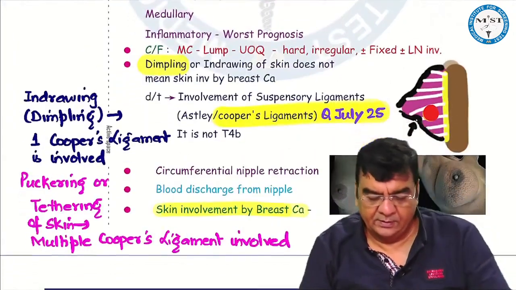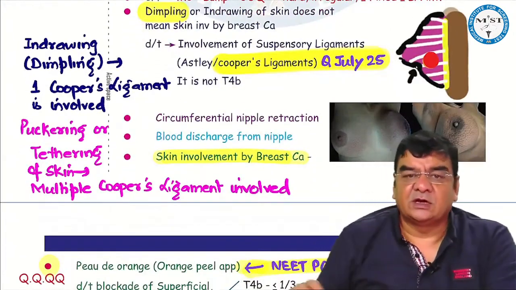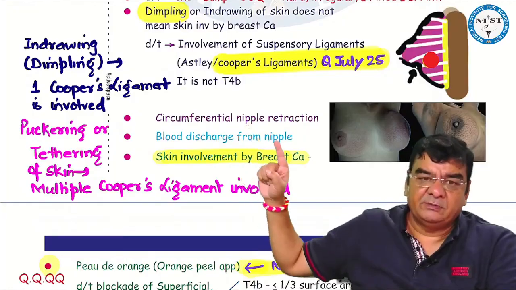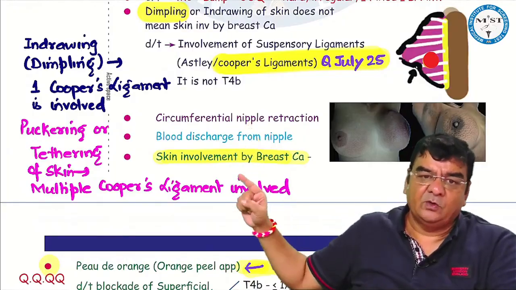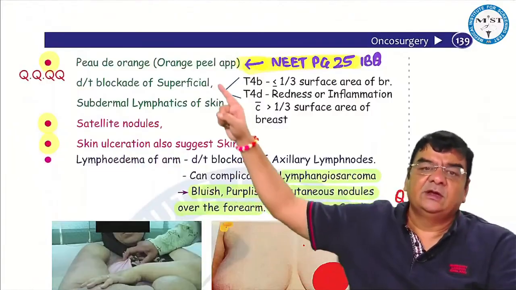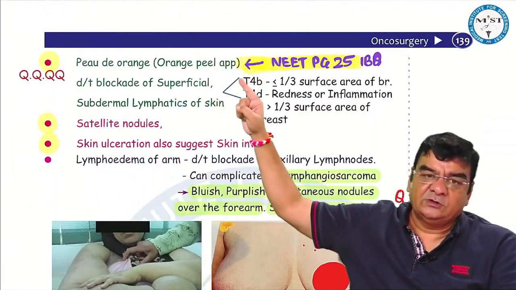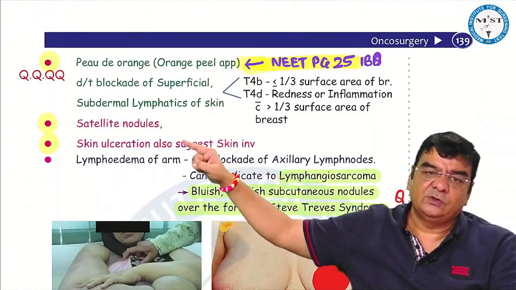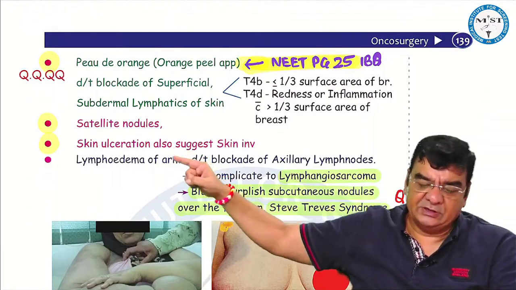Right. There may be circumferential retraction of the nipple, there may be bleeding from the nipple, and the overlying skin can be involved in breast cancer. That can be seen as peau d'orange or orange peel appearance. There can be satellite nodules, or there can be skin ulcerations.